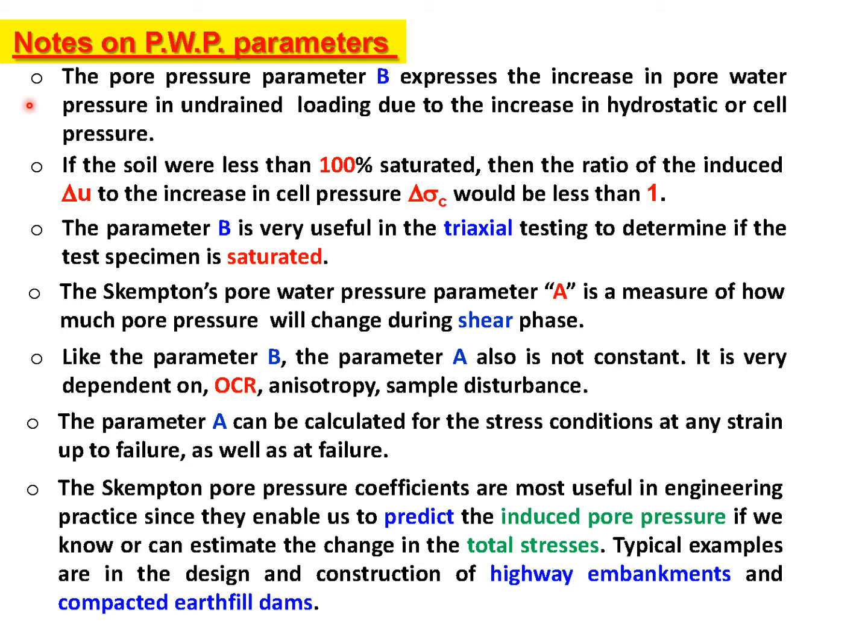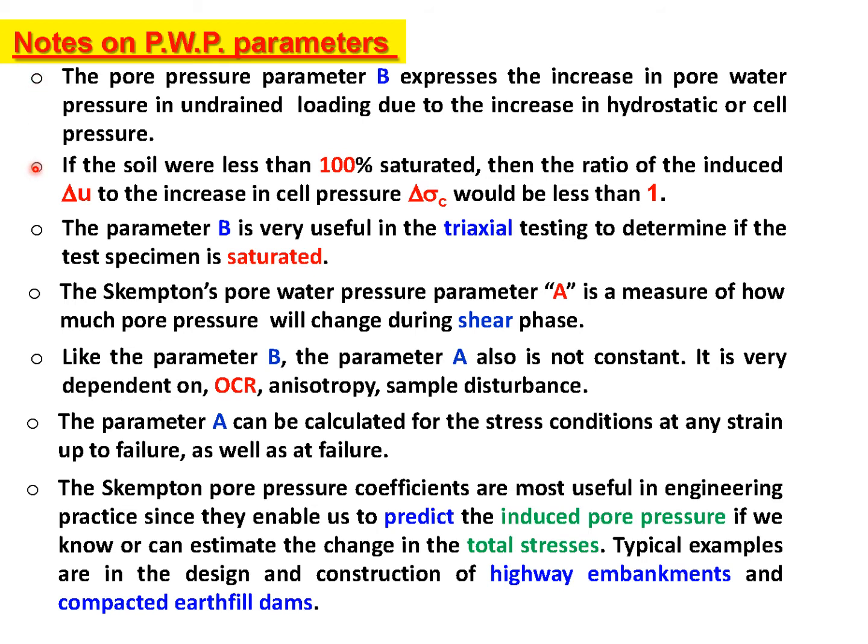Now, if you just look at the important points related to the pore water pressure parameter, one by one we will go through all these points. The pore pressure parameter capital B expresses the increase in pore water pressure in undrained loading due to the increase in hydrostatic or cell pressure.